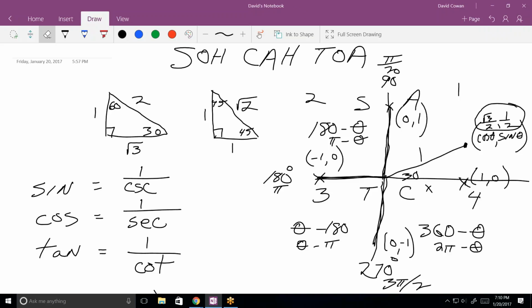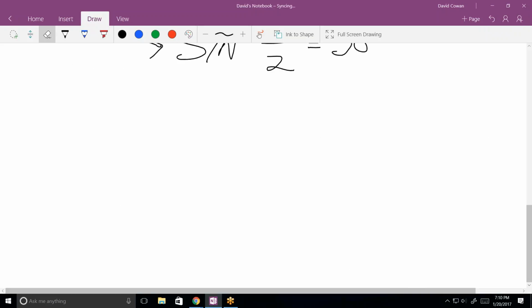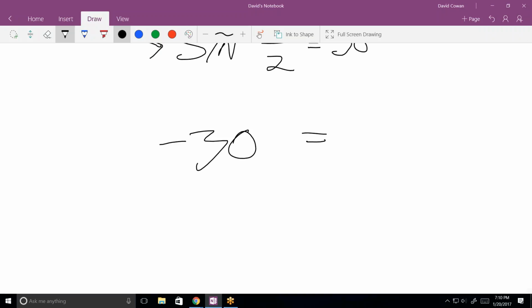Okay. Terminal, coterminal angles, you're good there? Those are pretty easy. They'll give you questions like they'll give you an angle and they say, give me one coterminal positive angle and give me one coterminal negative angle. So if I gave you the angle minus 30 degrees, give me a positive and a negative coterminal angle.